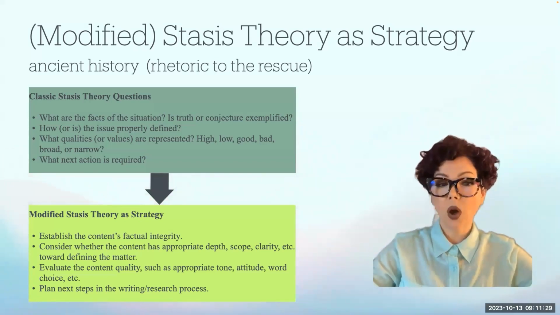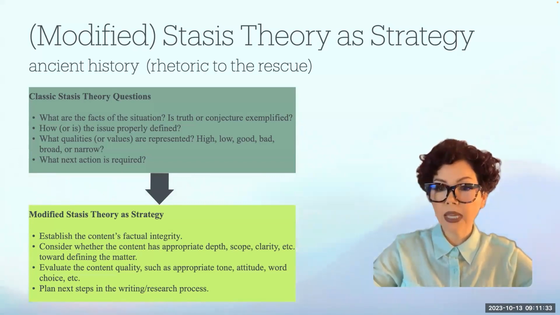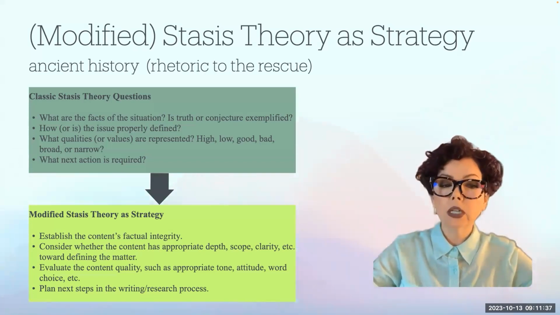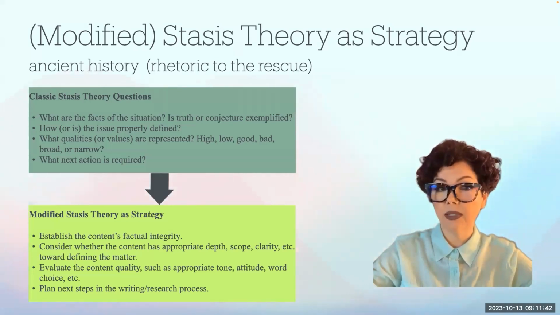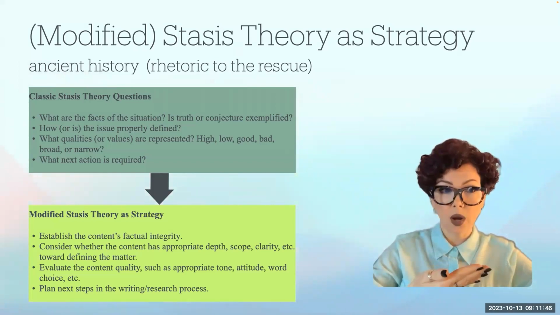So interrogating the content with variations of the stasis questions will then exhibit critical thinking and demonstrate rhetorical agency by anyone using it. So consider analyzing LLM generated information using these adapted steps from stasis theory. And seriously, they adapt so well.